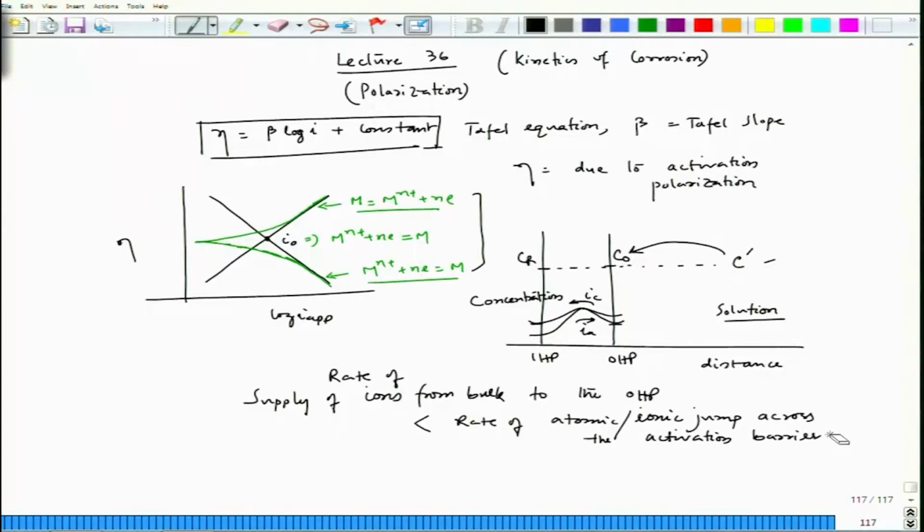Then there would definitely be a lag of metal ion supply from the bulk to the interface.